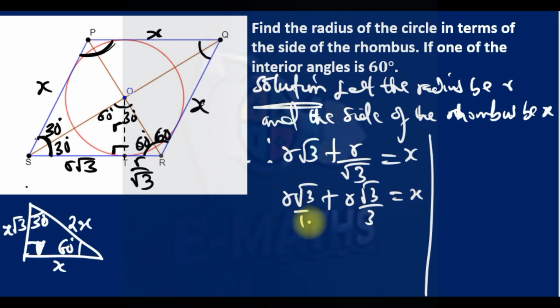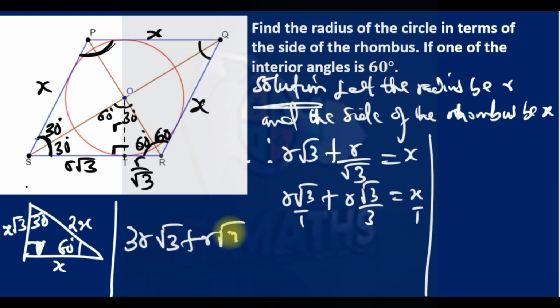The LCM of 1, 3, and 1 is 3. So that's 3 r root 3 plus r root 3 is equal to 3x. I just multiply each by 3 to clear the fractions.